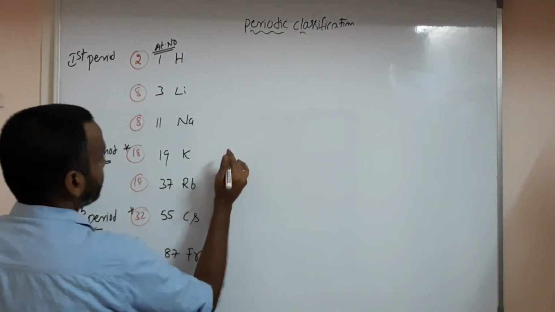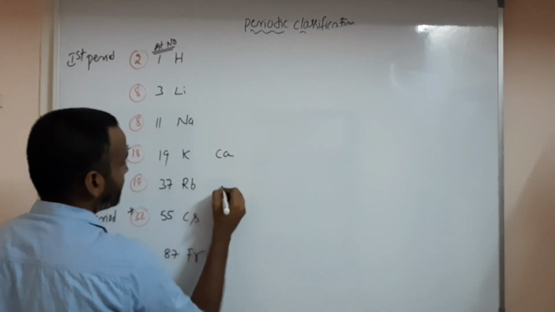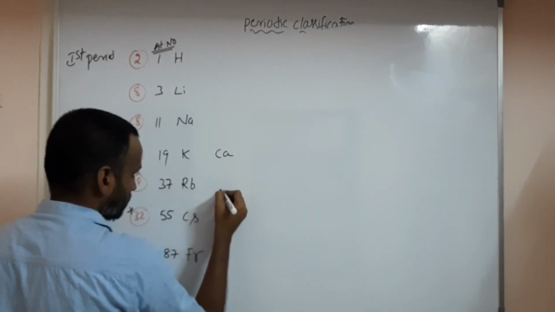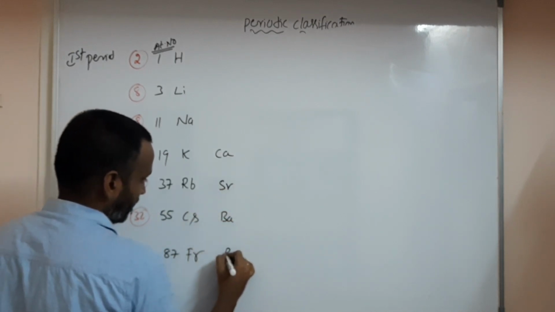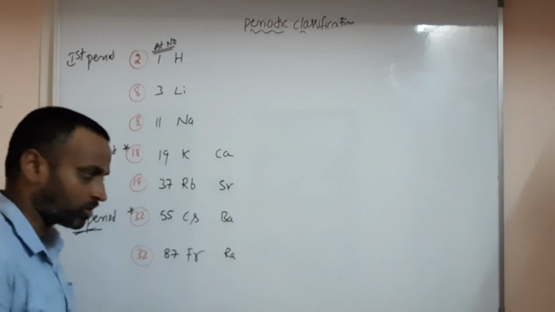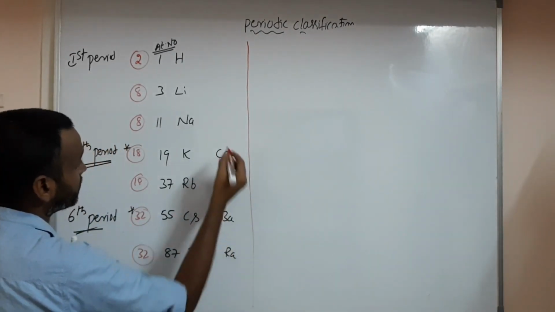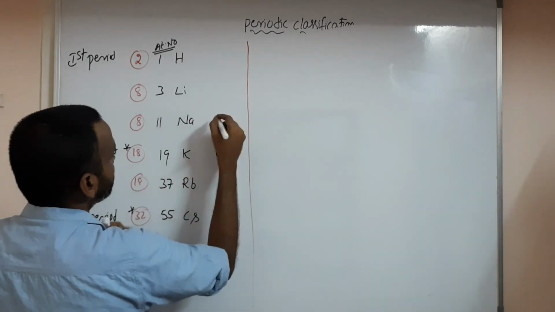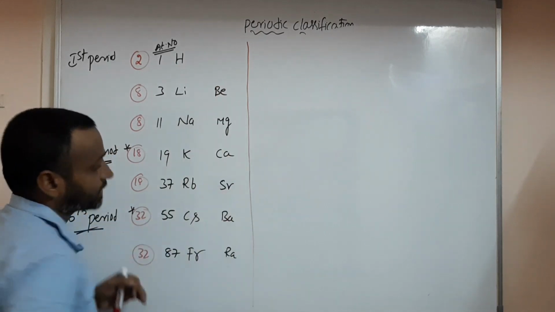And if you want from this, potassium, same calcium like this also. So calcium, and afterwards here strontium, and here barium and radium. These atomic numbers you can write, not a problem. But after this S block, this is S block, right? Here what you have in S block? Here magnesium and here beryllium, like this.